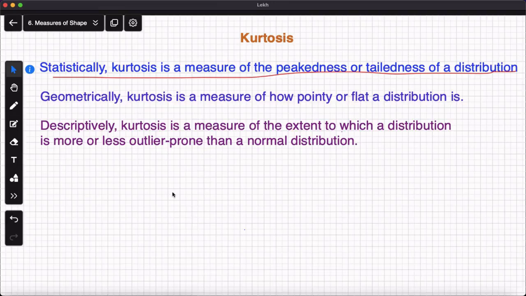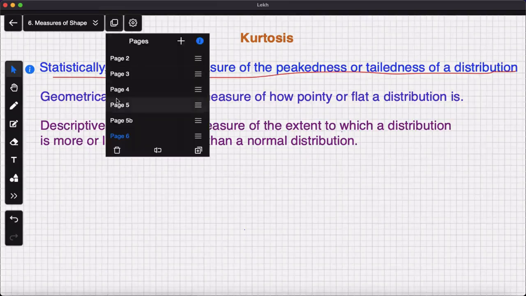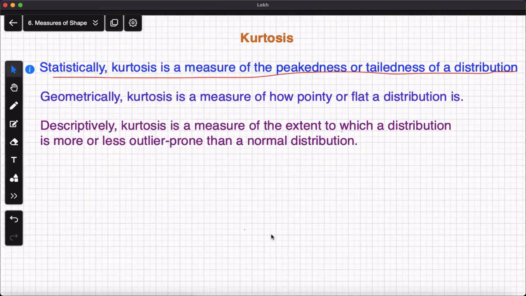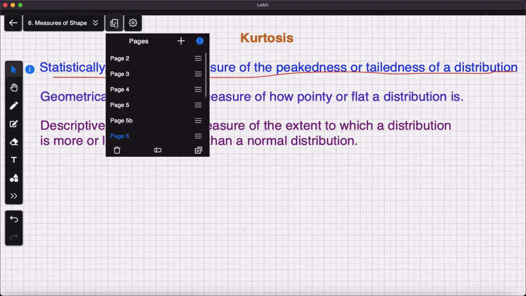Meaning that we want to see how likely it is to have outliers when we compare it to a normal distribution.